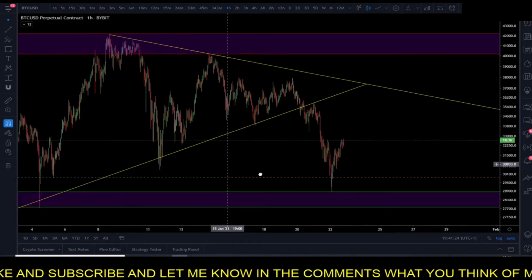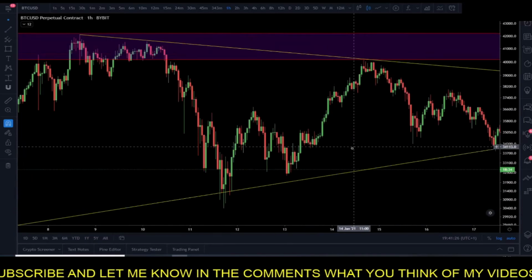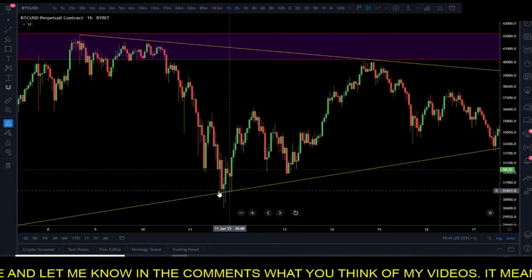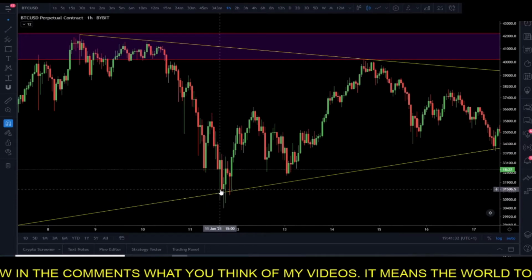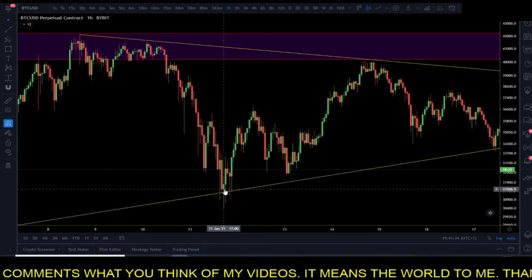If you see wicks of candles, just like these, these are all wicks. This is not where the price closed. The price closed right here at the body.